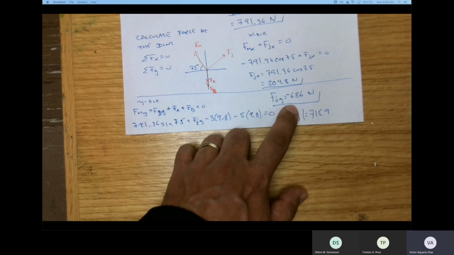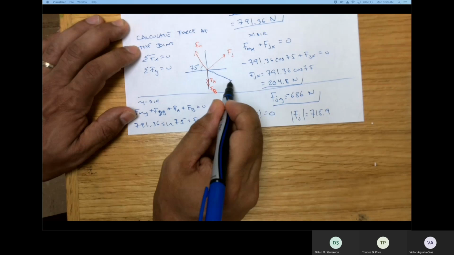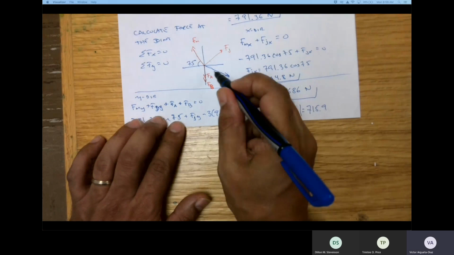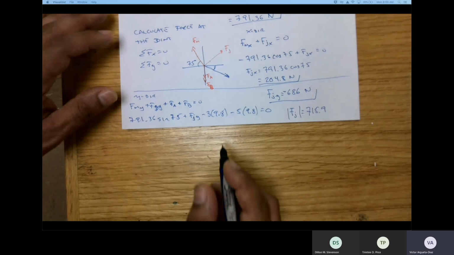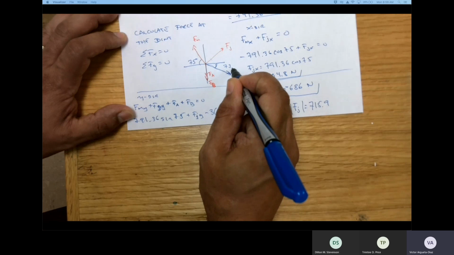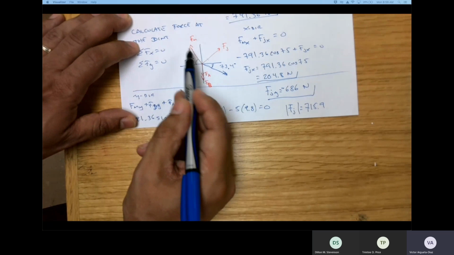So the force actually is going to be somewhere around here, and this angle is going to be 73 degrees. So it's almost opposing the force on the muscle.